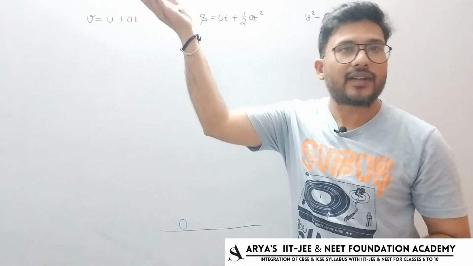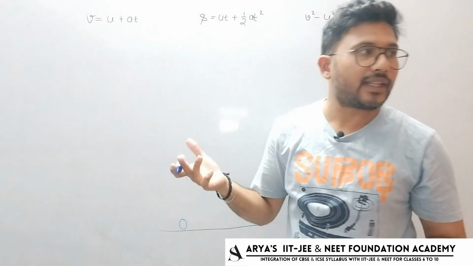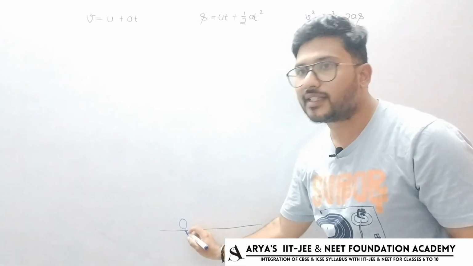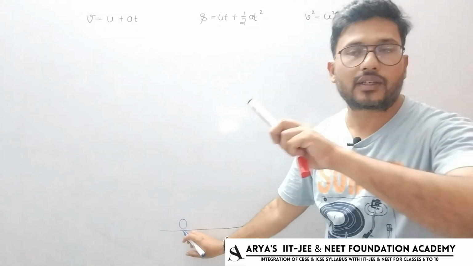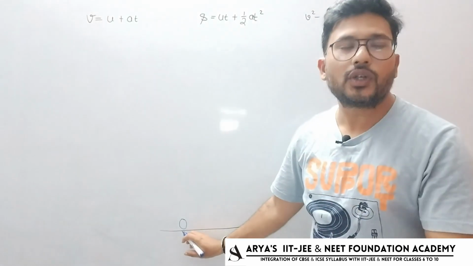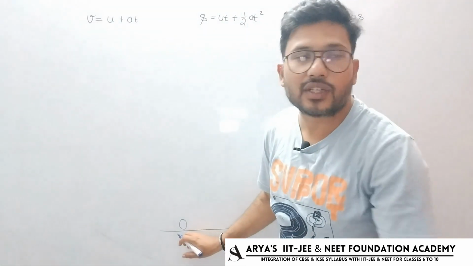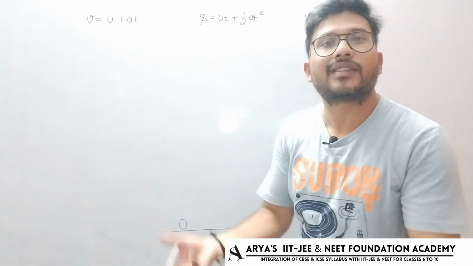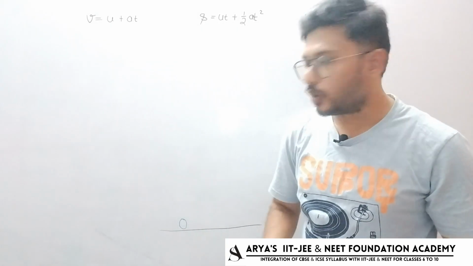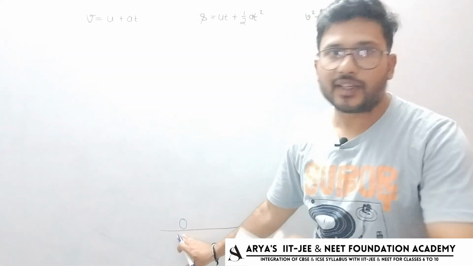So from this concept, what we can understand is, if any body is situated on ground or at a certain height, you should apply some force on that body. As soon as force is applied, it will gain some velocity. The body is here at the initial point.